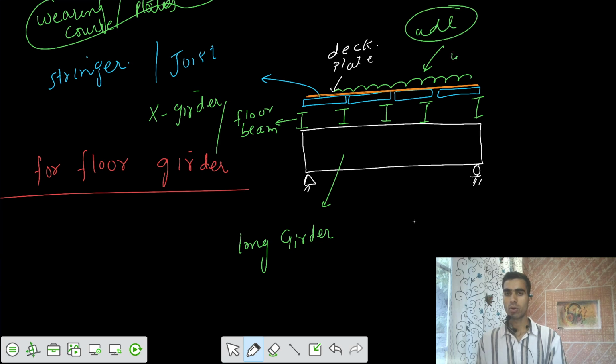Let's say there is some UDL, and that load gets transferred to the stringers, and the stringers transfer those loads onto the floor beams, and the floor beams transfer the load as point loads on the long girder.